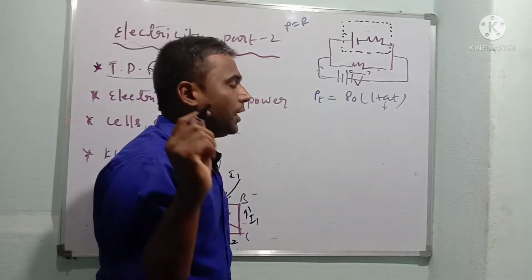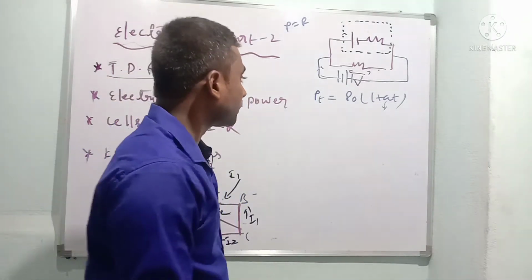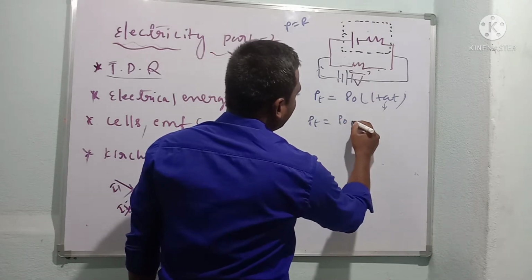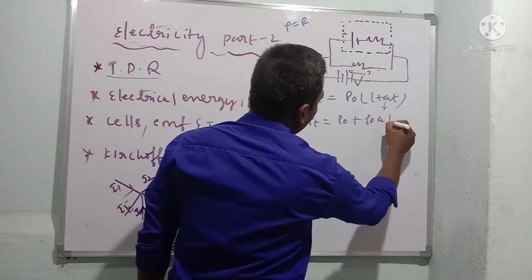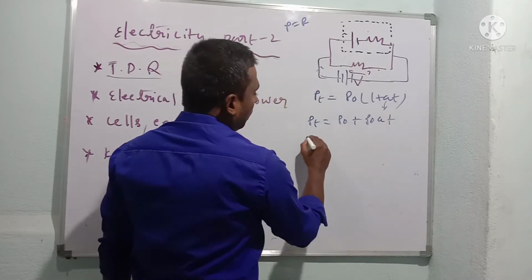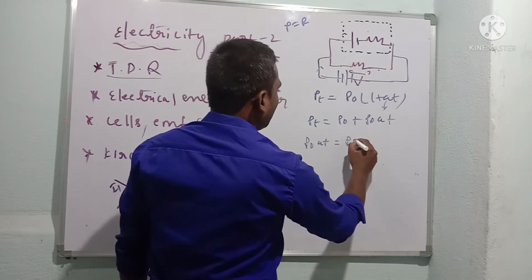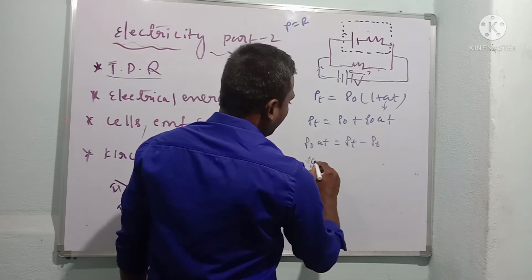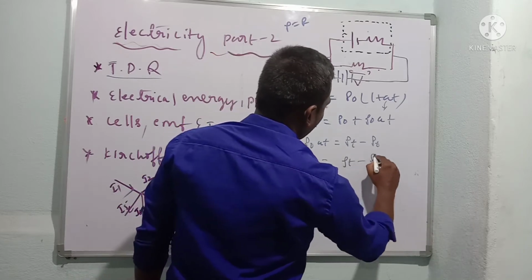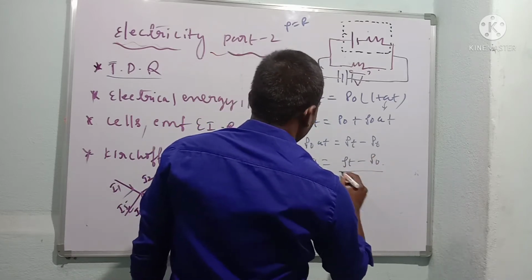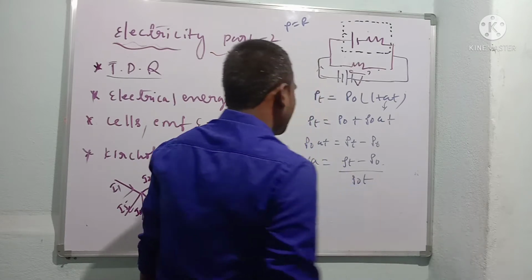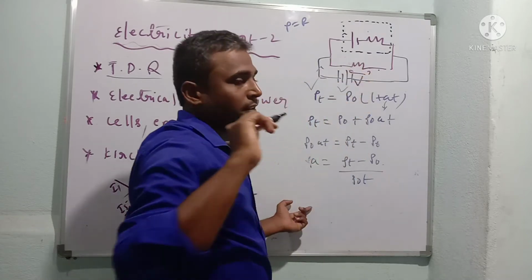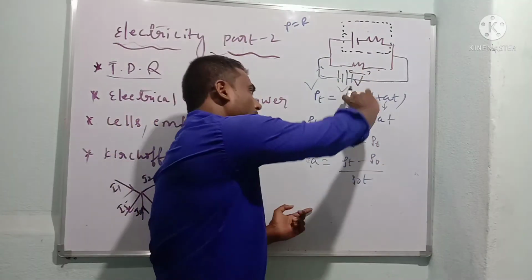So it becomes ρ_T = ρ₀ + ρ₀αT, so ρ₀αT = ρ_T − ρ₀, that is α = (ρ_T − ρ₀)/(ρ₀T). Children, ρ_T is the resistivity at a certain temperature, and ρ₀ is the resistivity of the metal at 0 degree Celsius.